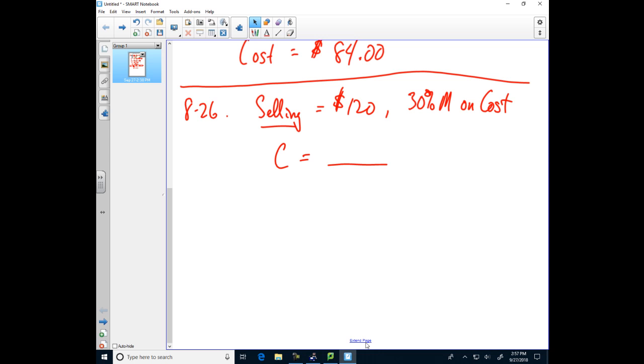And at the top of 227, there's markups based on selling price. So that points me to a general area I need to be looking, which is page 226. I want C equals something, if I can. I know S, and I know the percent markup on cost. Is there a formula there that will work for me?